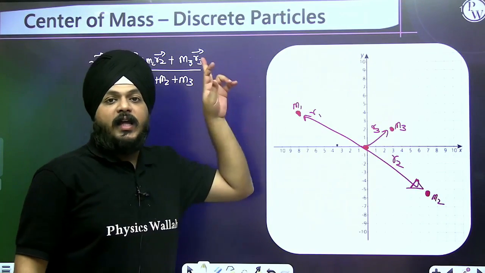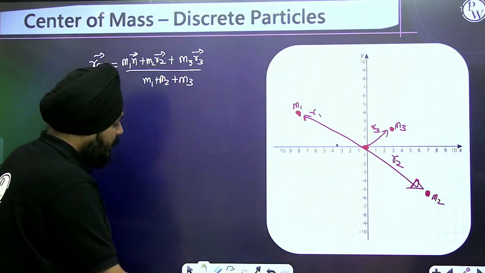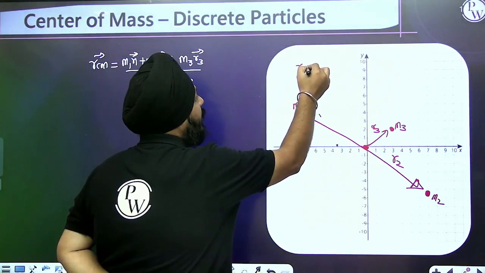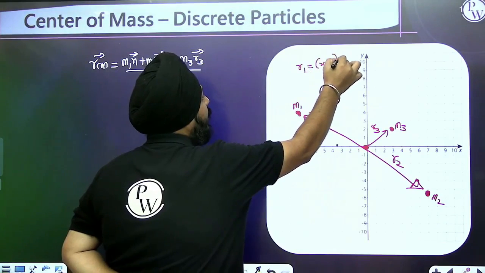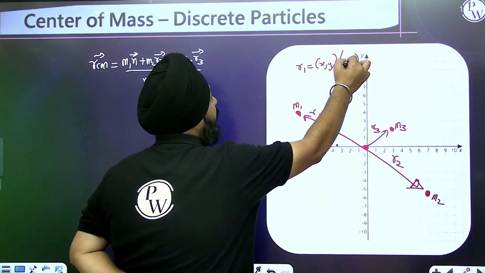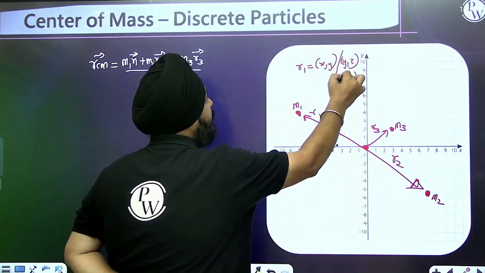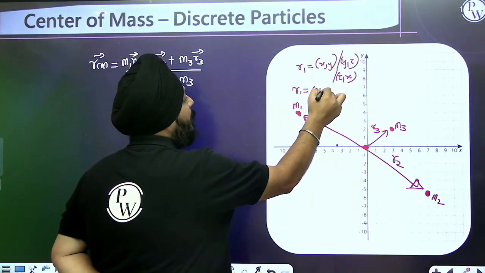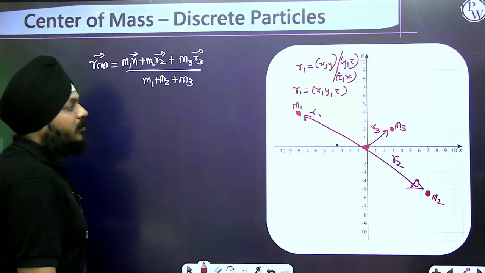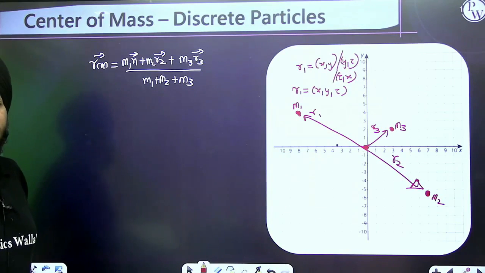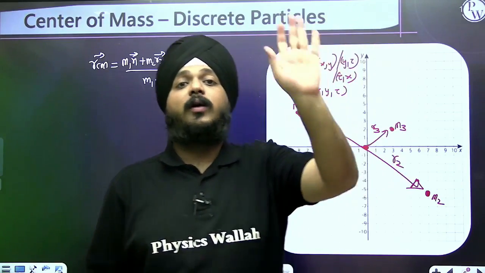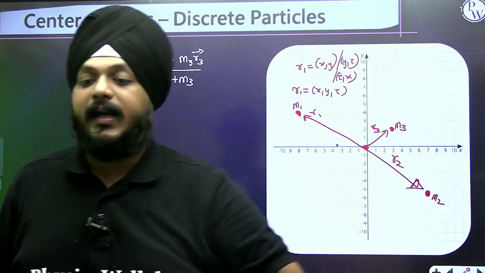Here r1, r2 and r3, if we write them in 2D, can be x comma y, y comma z, or z comma x. If we write them in 3D, then x comma y comma z. So these are the individual position vectors for the individual discrete particles.